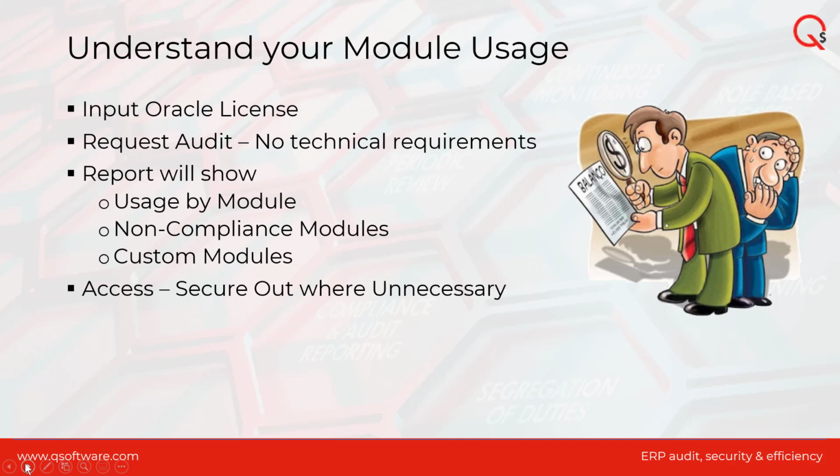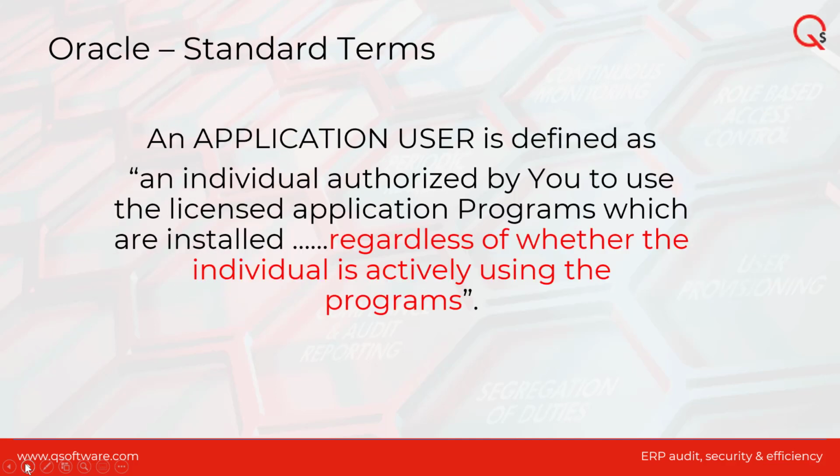But secondly is who has access. The reason for this is if you look at the Oracle standard terms, which have been in existence for 6 or 8 years, the standard terms have this phrase: an application user is defined as an individual authorized by you, the company, to use the licensed application programs which are installed, regardless of whether they've actually used it.